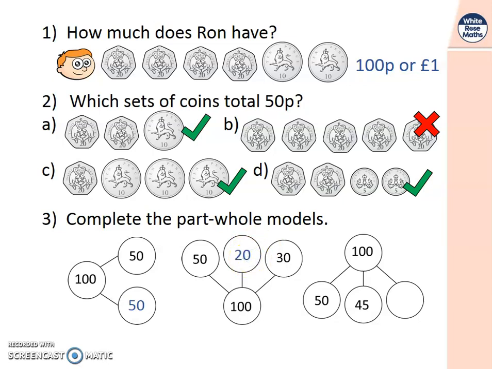Correct, 20. And lastly, to make 100, I've got a 50, add 45, that makes 95. What would I add to that to get to 100? Yeah, 5. These skills are all going to be so useful in today's learning.